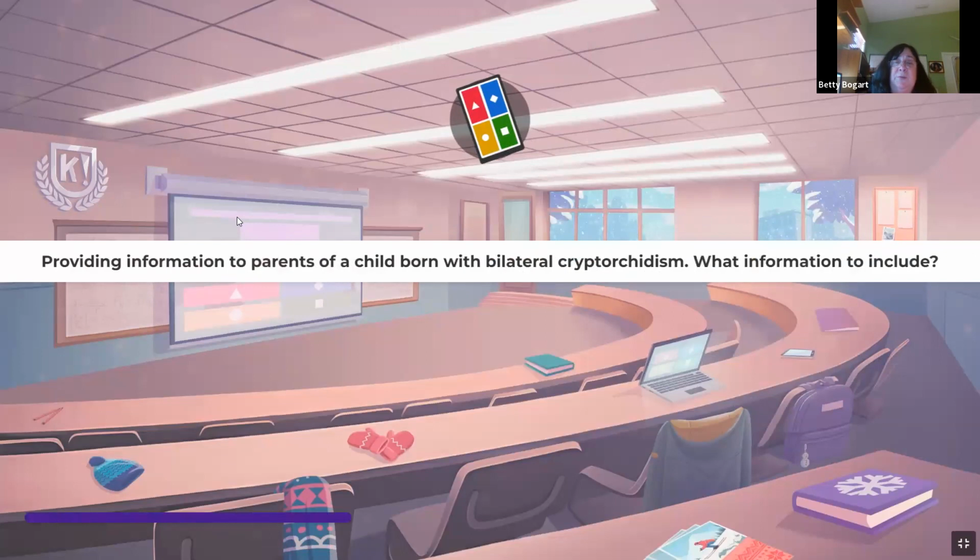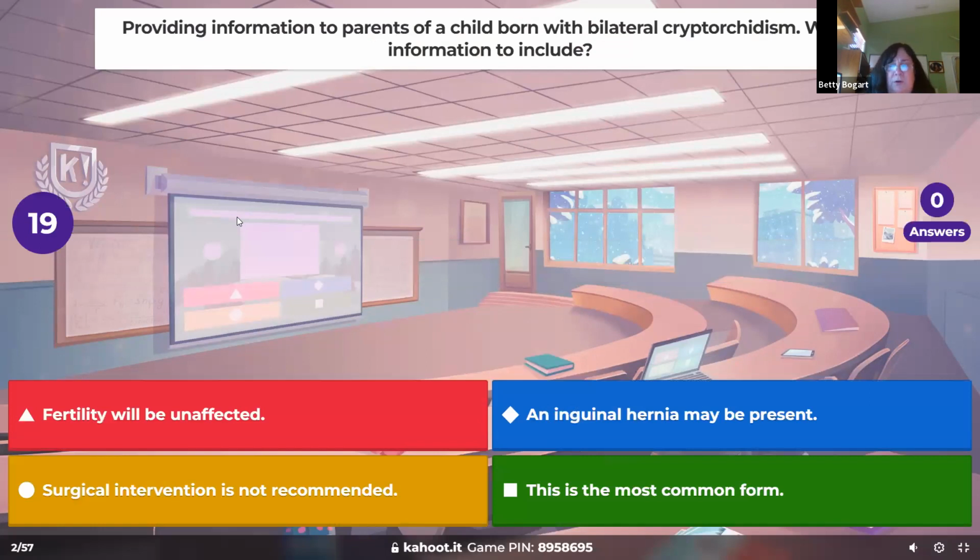Providing information to parents of a child born with bilateral cryptorchidism. What information to include? Well, what is a cryptorchidism? Well, orch has to do with your testicles. Cryptorchidism is testicles, and this is both, bilateral, are born up inside the peritoneal cavity.